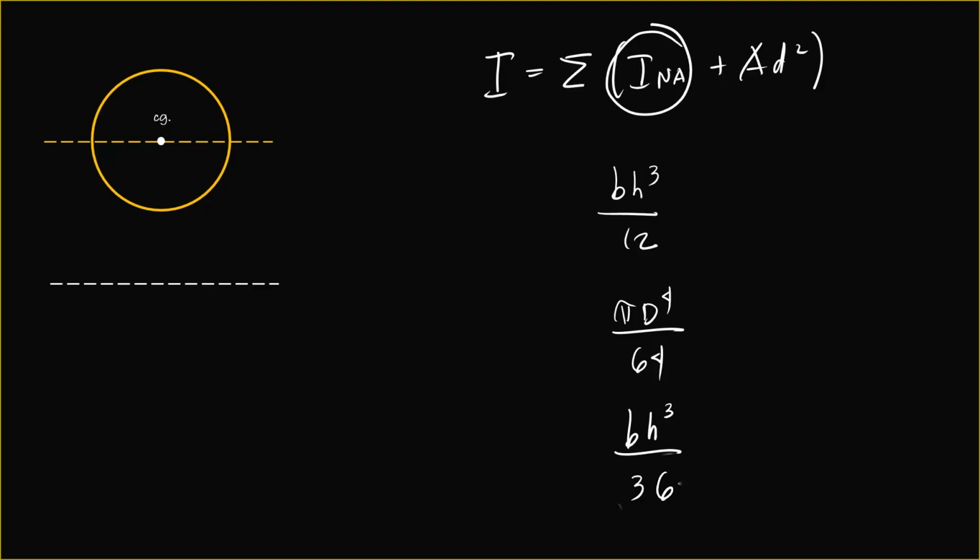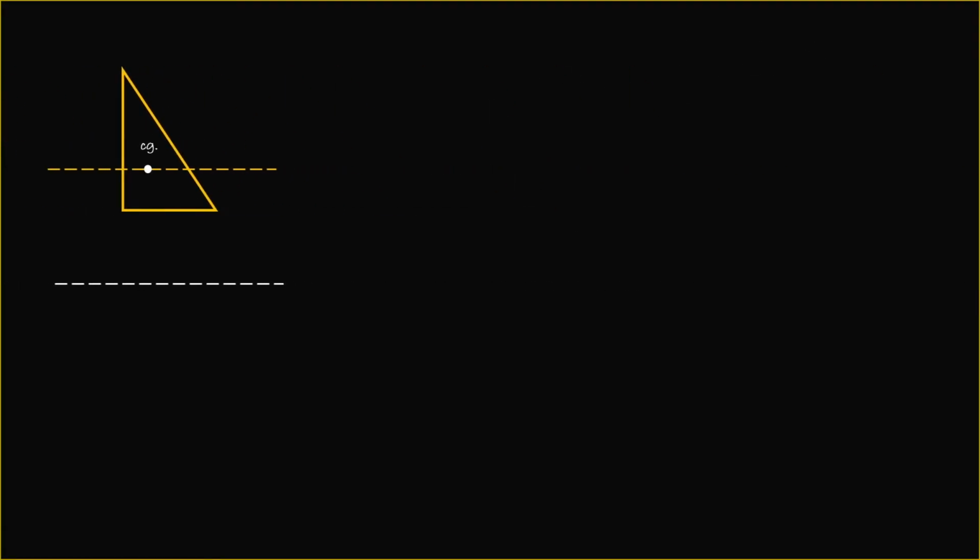So memorize them, or make a table. Okay, the same formula, only that the shape here is a triangle. So only the I and A change, right? The moment of inertia with respect to the neutral axis. So, same formula.